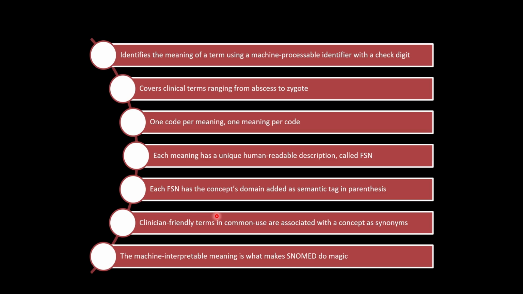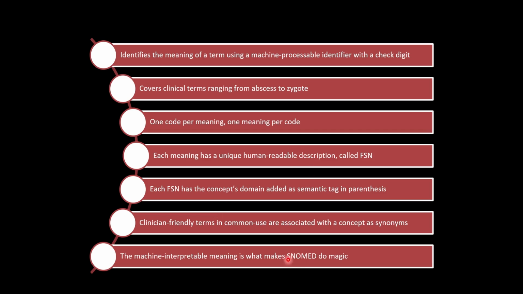This description is called fully specified name, or FSN for short. This is distinguishable by the presence as a suffix of the semantic tag enclosed in parentheses, which represents the domain of the concept that helps in disambiguating it from homonyms, acronyms, etc.